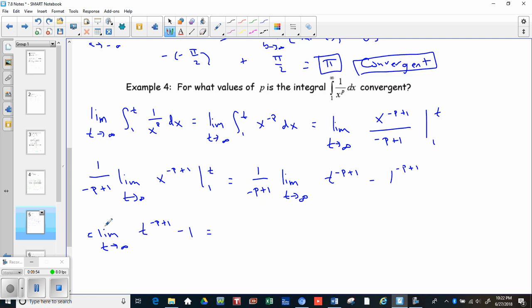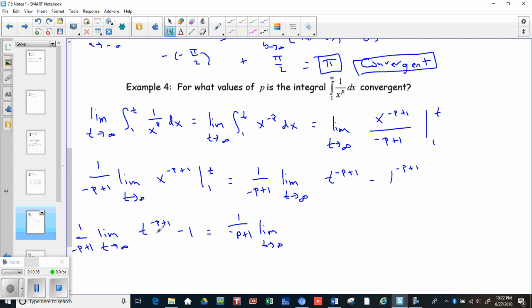And I apologize, I lost the 1 over negative p plus 1 out in front there. Okay, so I still have 1 over negative p plus 1, the limit as t approaches infinity. Now I can rewrite this. So what I can do is split this exponent up to be t to the negative p times t to the 1.